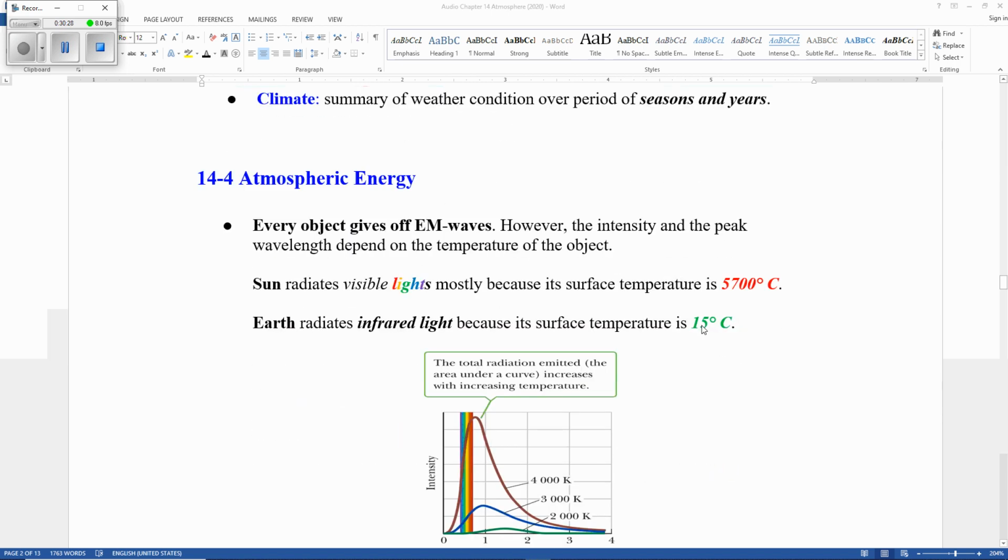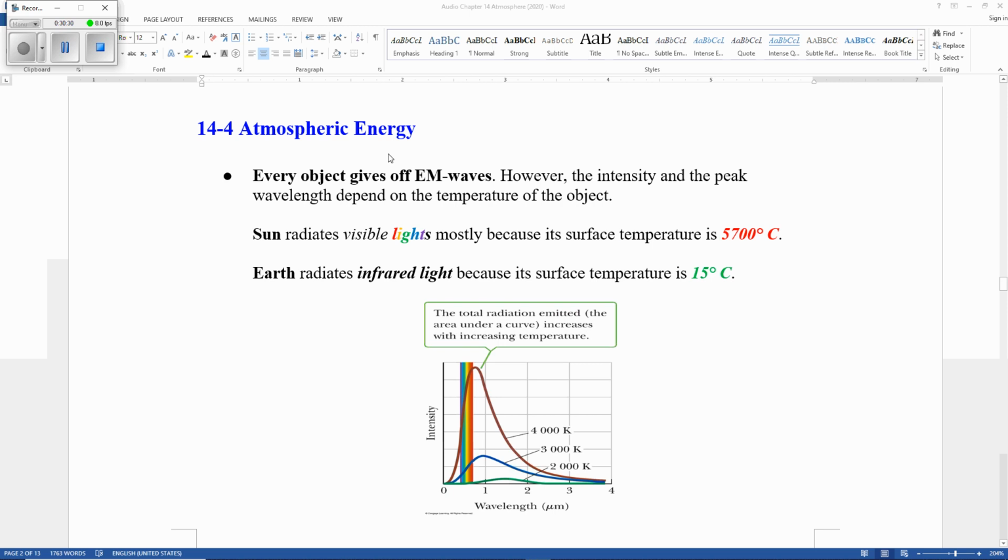Okay, next we're going to discuss the energy in the atmosphere. First, every object will emit, or give off, radiation we call EM waves. Remember radio waves, microwaves, visible light, X-rays. However, the intensity and the peak of the wavelengths depend on the temperature.